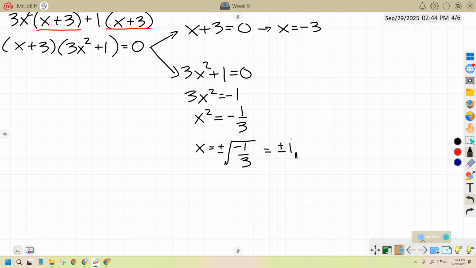So i square root of 1/3. Again, technically correct. Mathematicians do not like radicals in the denominators of fractions. So what most mathematicians would do at this stage is multiply top and bottom by √3.